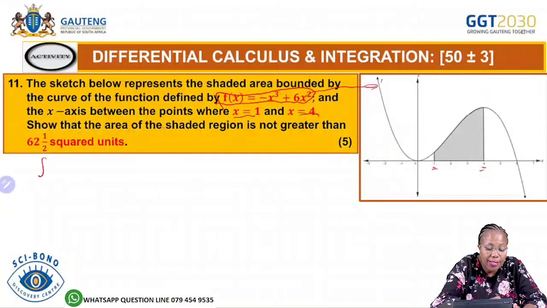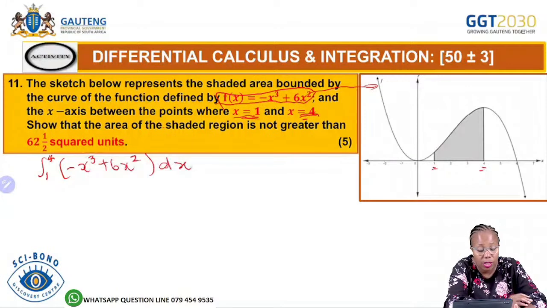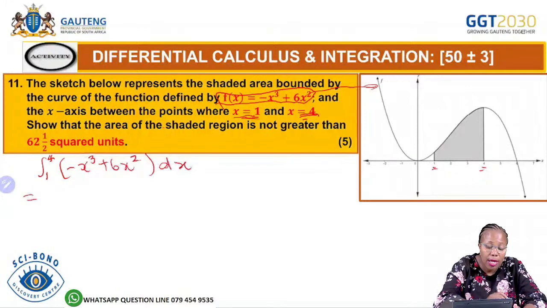So we are applying the integration, but we call this the definite integral because we are given the interval there. It will be definite, okay? And then on top, your upper limit will be the highest number, the lower limit will be the smallest number, of what? Of the equation that is given to you, minus x cubed plus 6x squared of the graph given to you. And then that is dx. Can you see still our integration? And then we are going to integrate what is inside.